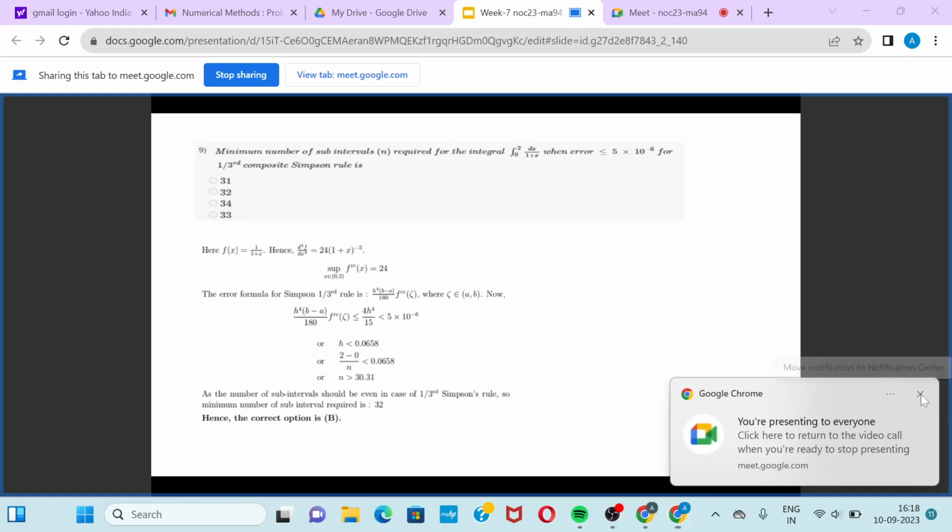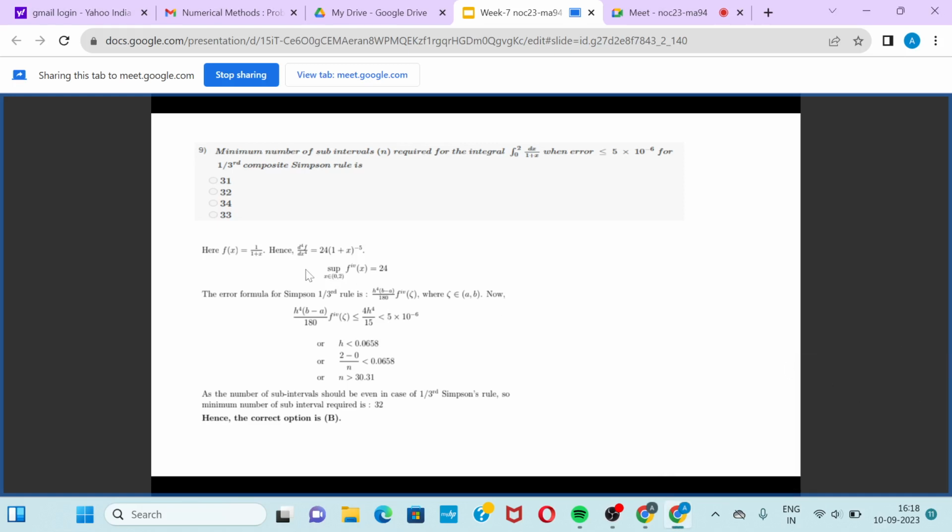Okay, once you get this derivative, you need to calculate the supremum of the fourth derivative of f(x), where x belongs to (0, 2). Here, when you range it from 0 to 2, the supremum will occur at x equals 0. So it will be 24, right?